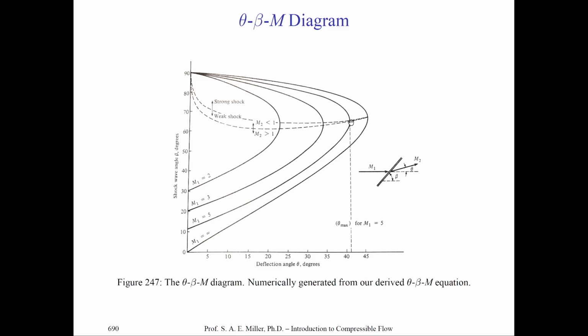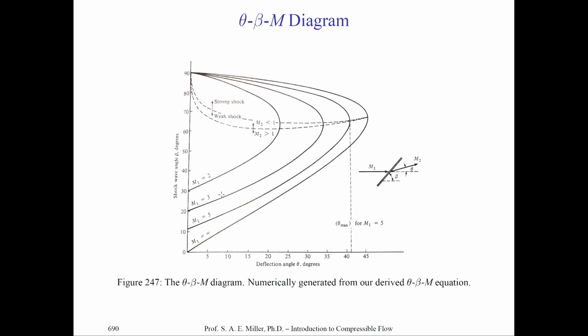There's only one solution for beta. You can go across and see that the wave angle in that case is about 68 degrees for M1 equals 5. Now, you can see at lower Mach numbers, say 2, 3, 5, and infinity, the waves branch out and become larger and larger, and of course approach some asymptotic value.